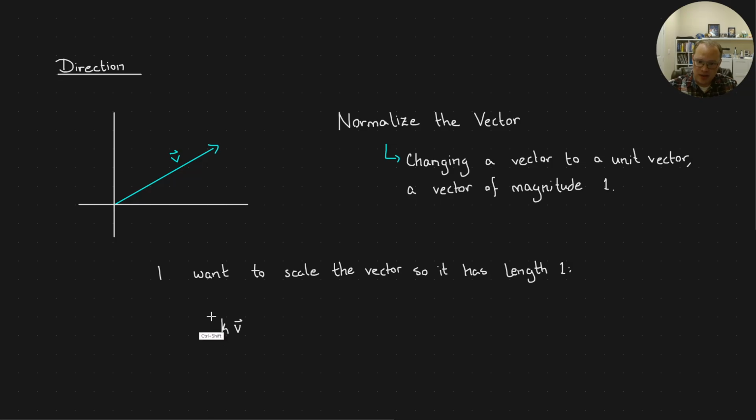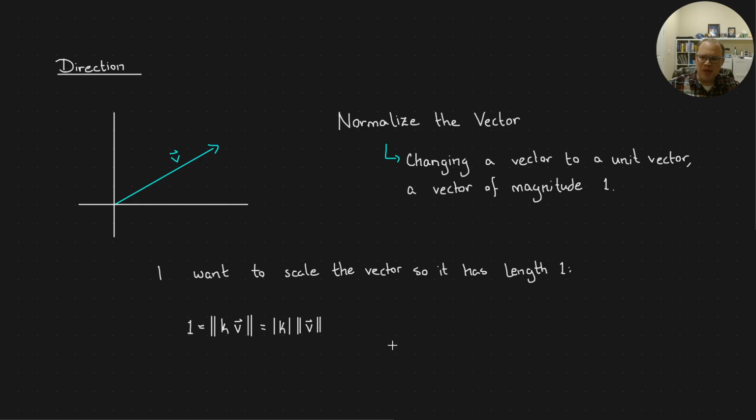Okay, so let's find the length of this and then solve for k so that the total length of this is 1. Now, we just learned that when we multiply by a scalar, I could pull that scalar out and throw it into some absolute values. Okay, so this will be the absolute value of the scalar times the original length of the vector.